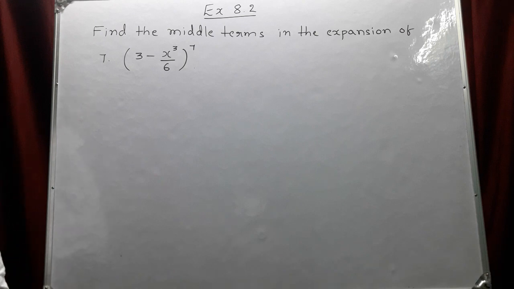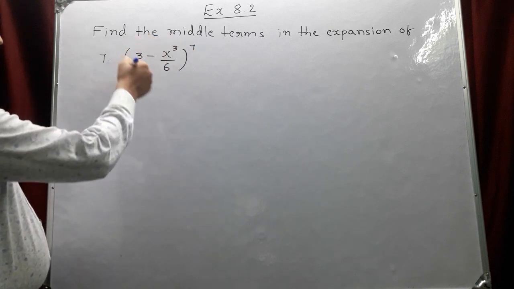Hello everyone. So in this class we are going to continue exercise 8.2. Find the middle terms in the expansion of question number 7, (3 minus x cube by 6) whole power 7. So we have to find the middle term.